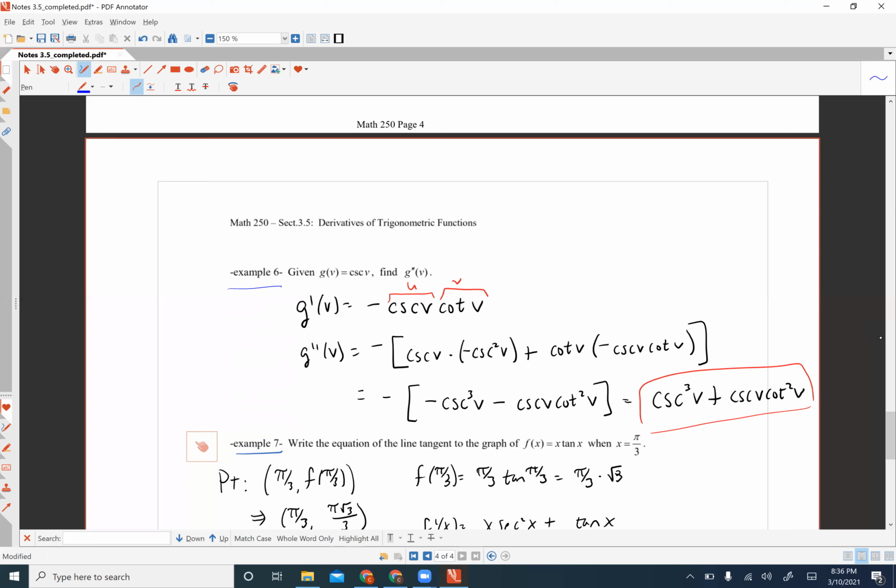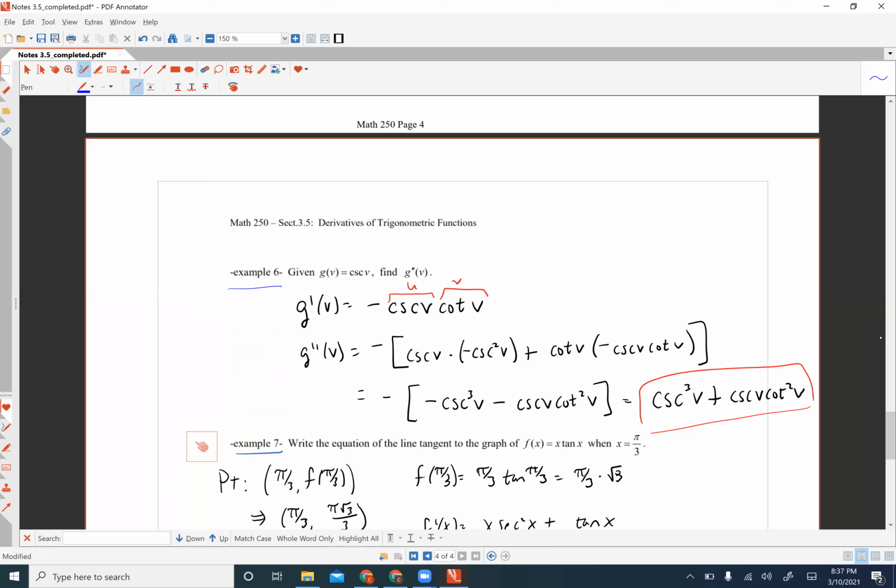Okay, so let's take the derivative of cosecant. Remember, that's a co-function, so it's going to have a minus sign in front, and so the derivative of cosecant v is minus cosecant v cotangent v. You can get that using the quotient rule with 1 over sine, but you can just memorize it or write it down on a sheet of paper when you're taking a test, now or next semester.